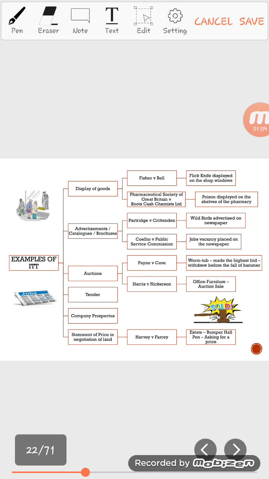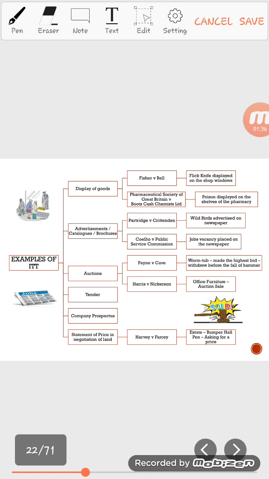So we need to look at whether the display of the flick knife can be considered as invitation to trade or offer. And then the court determined that it is just an invitation to trade, meaning that it was not an offense. Yes, okay, these are the principles laid down by the court in this case.